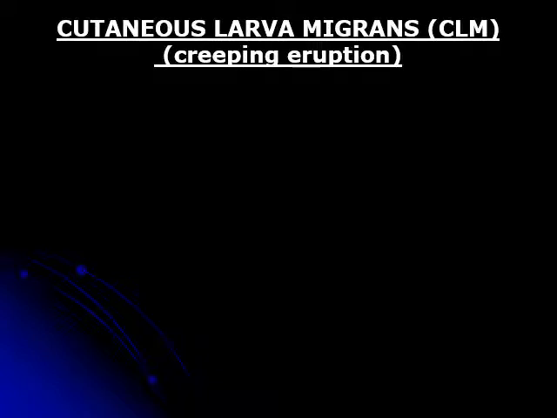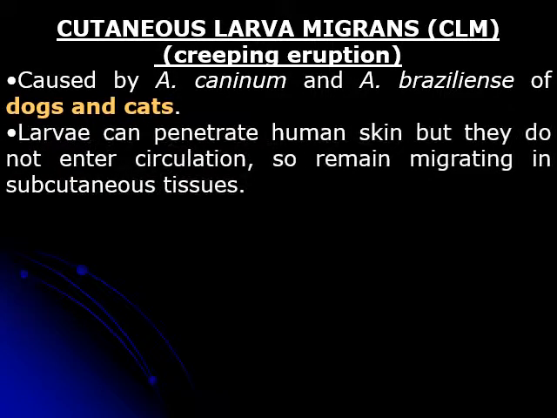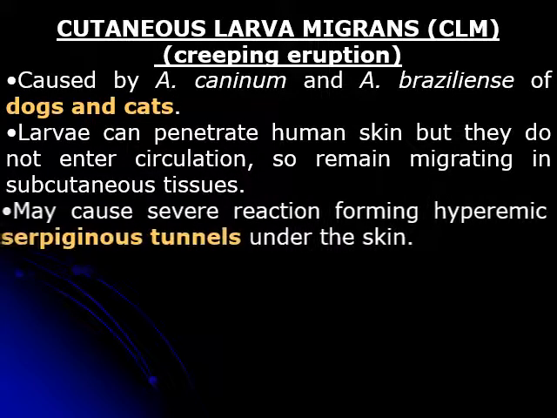A phenomenon related to ankylostoma is cutaneous larva migrans, CLM, or what we call creeping eruption. Creeping eruption is caused by Ankylostoma caninum and Ankylostoma brasiliensis of dogs and cats. The larvae can penetrate human skin, but they don't enter the circulation, so they remain migrating in the subcutaneous tissue.